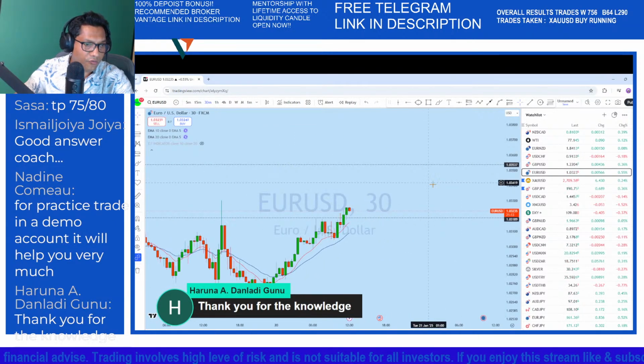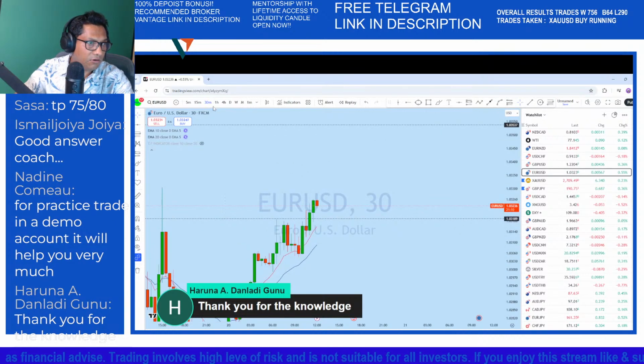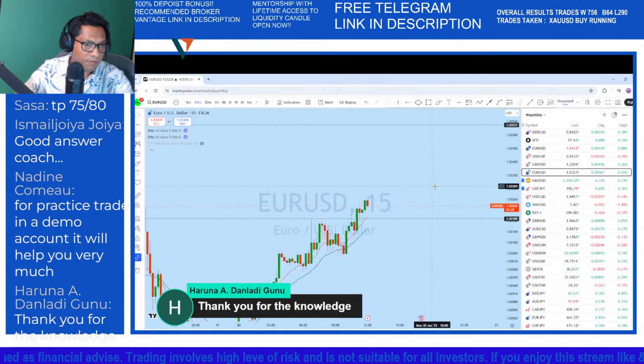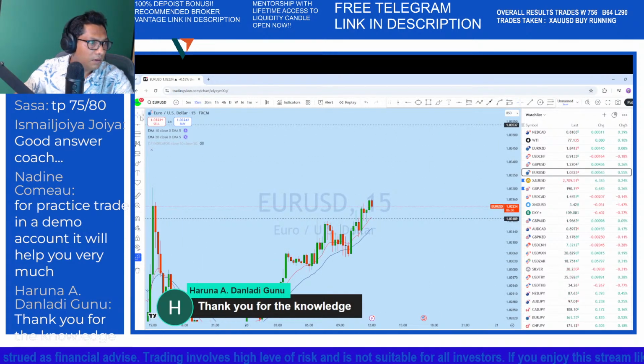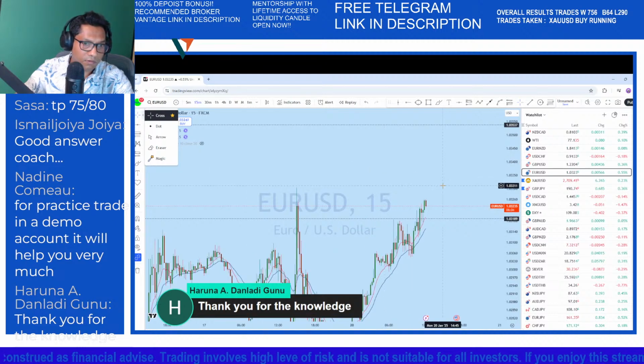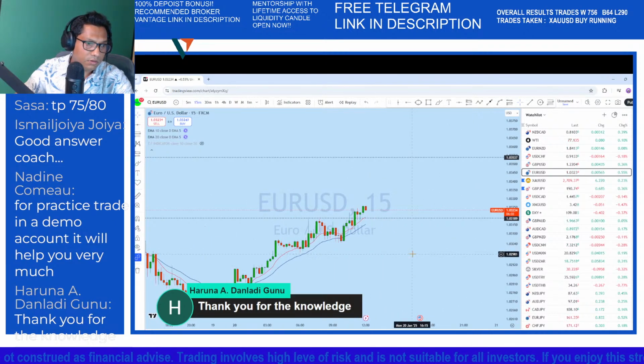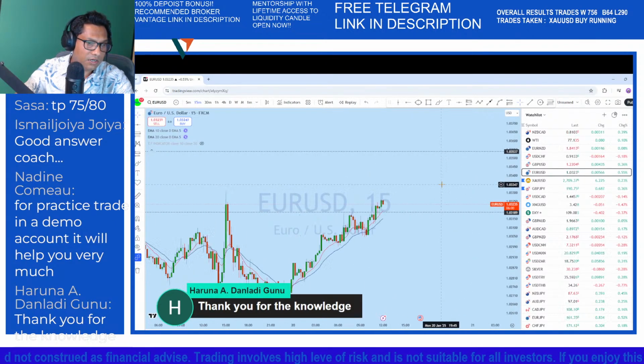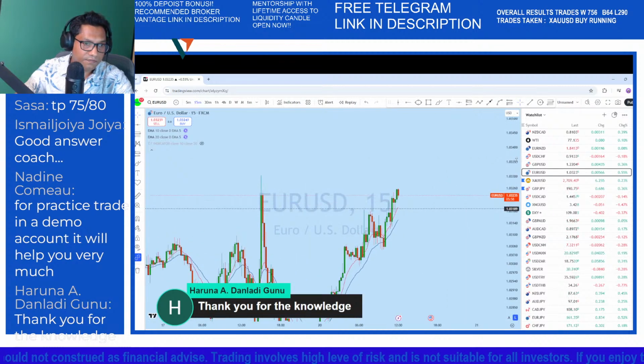if we want to look for any re-entry here on EUR/USD, here is the price action.